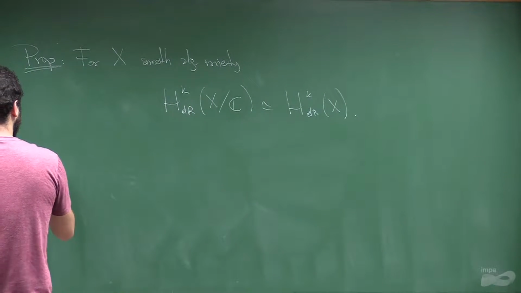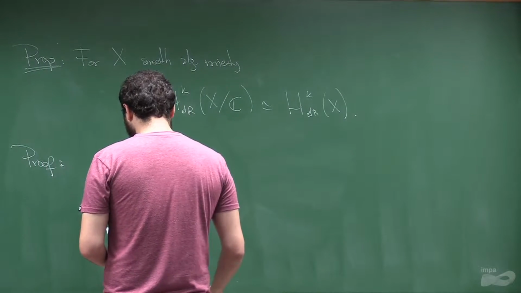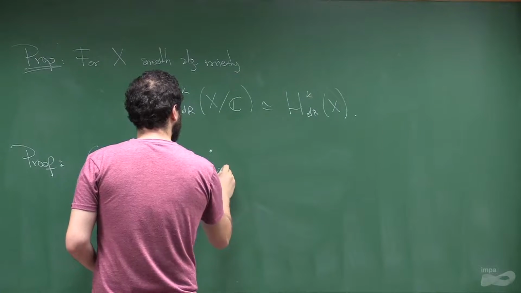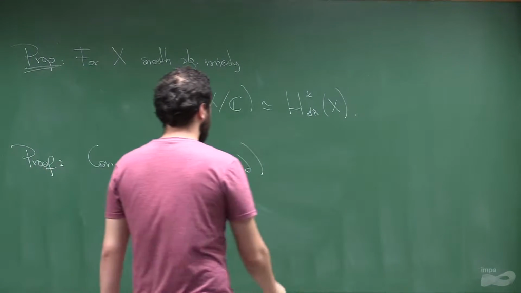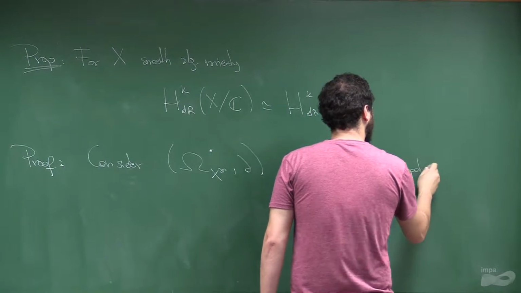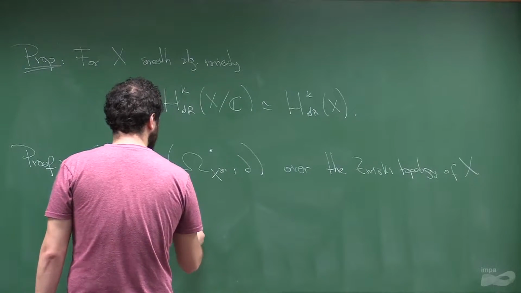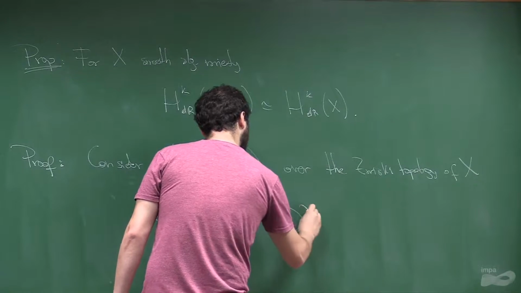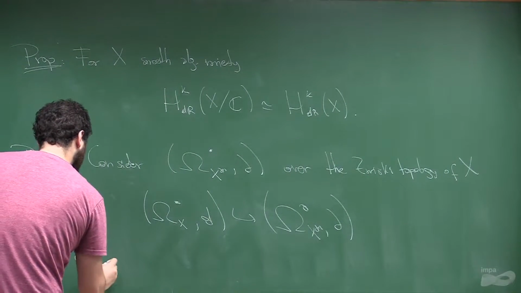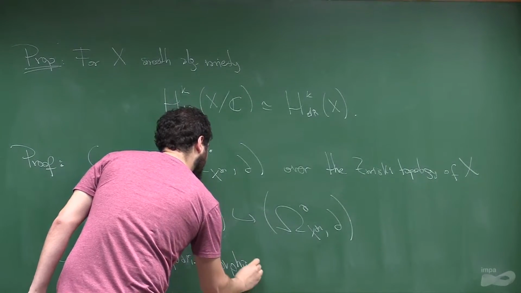So what is the proof? Okay, so consider the complex of analytic differential forms over X, but over the Zariski topology of X. Okay, so we have here a natural map of complexes, an inclusion of complexes, right? And we claim it is a quasi-isomorphism.